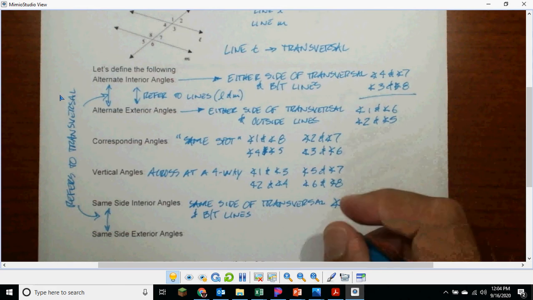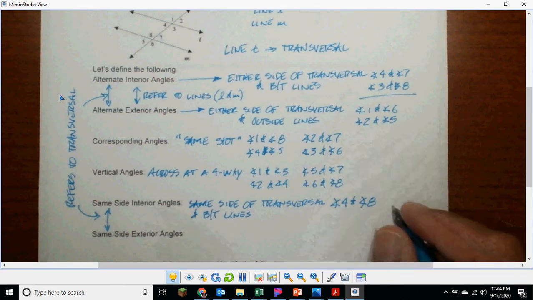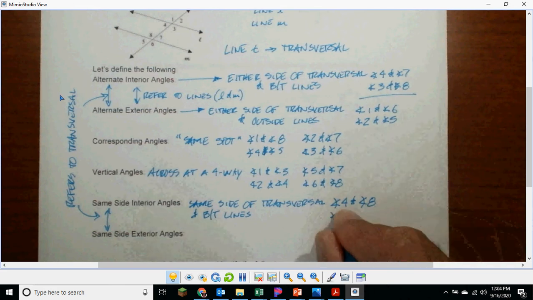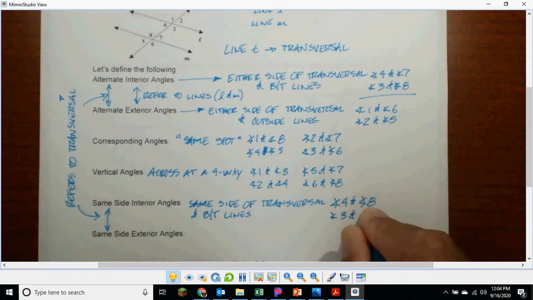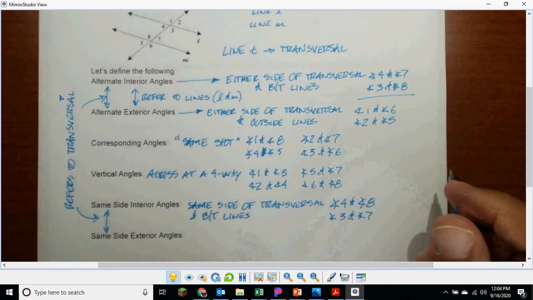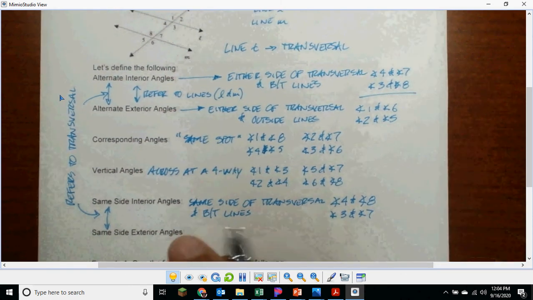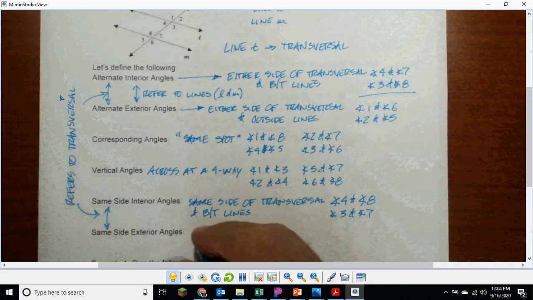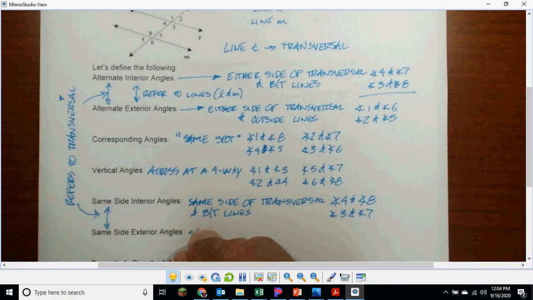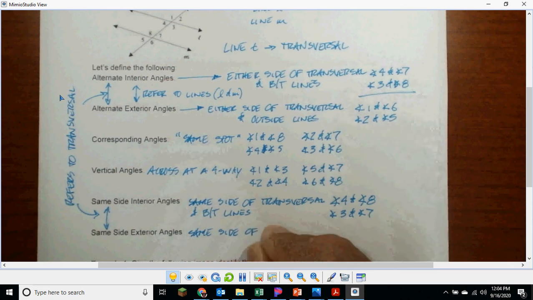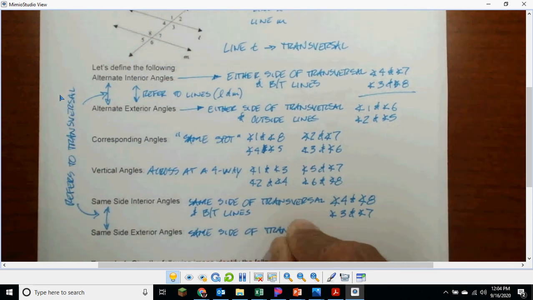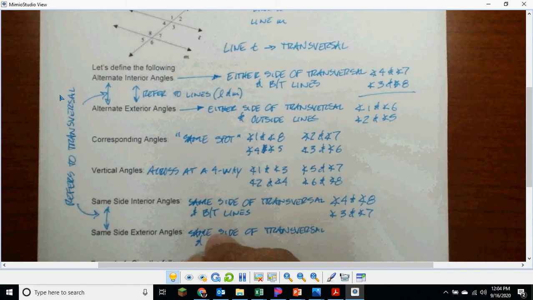What is the other pair? Can you come up with it? Think hard. It is angle 3 and angle 7, the other pair of same side interior. Last one we talk about, same side exterior. That is on the same side of the transversal and outside the lines.